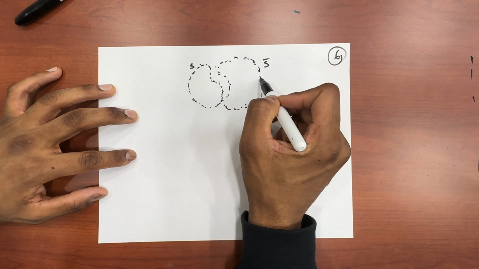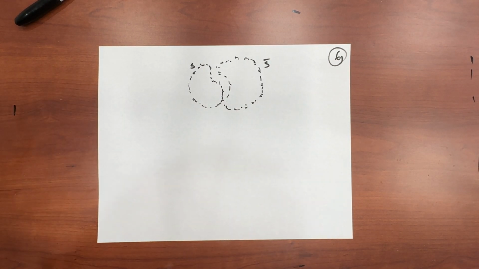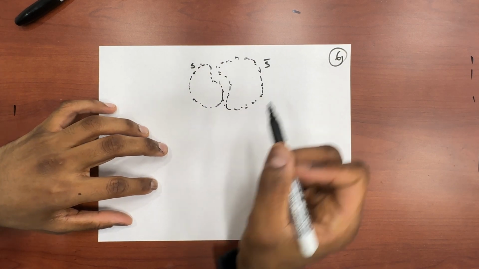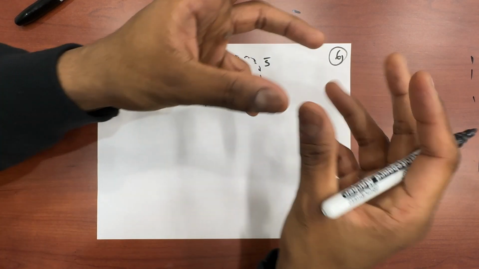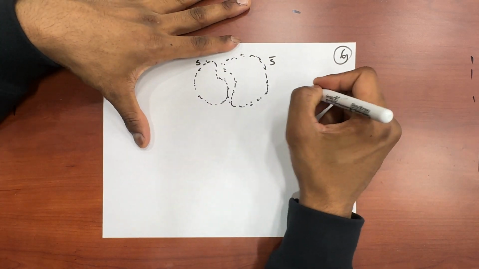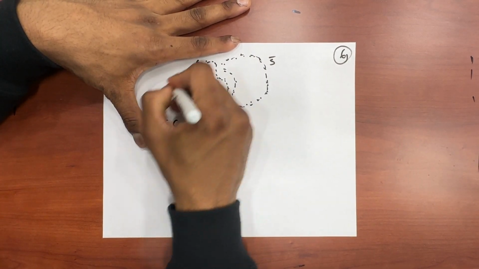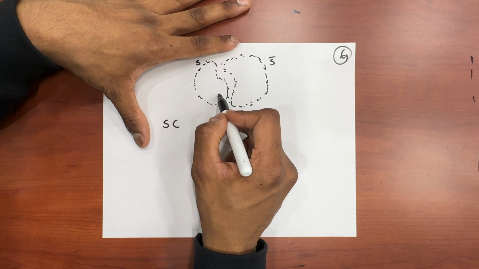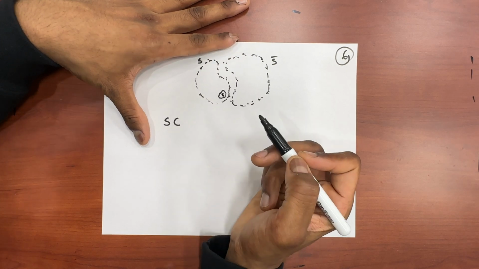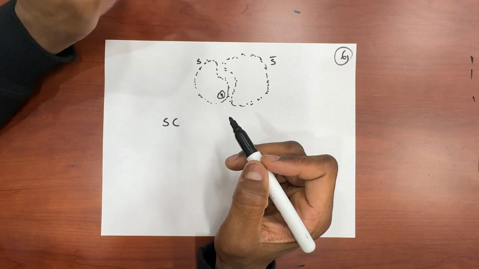So when I run my sparsest cut algorithm, let's call it SC, on this entire graph, it returns to me some small set T1.